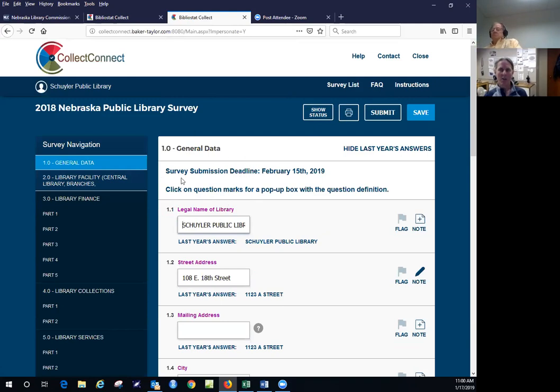So if there are changes that need to be made, I can either unlock your survey and you can go back in and make those changes, or typically it's something minor, like, can I change this note to something like this, because that would avoid questions later on from my MLS. So we can communicate by email that way, and then maybe make changes if they need to be made.